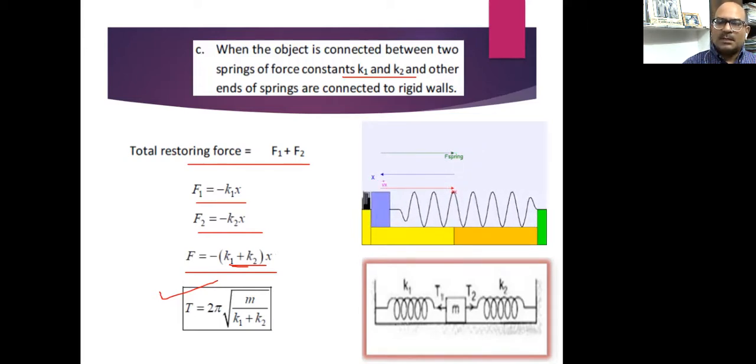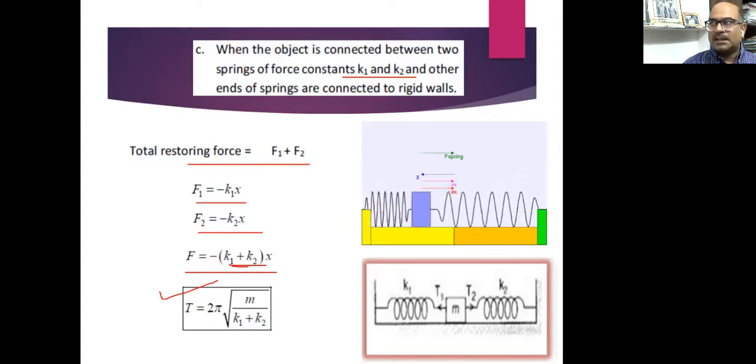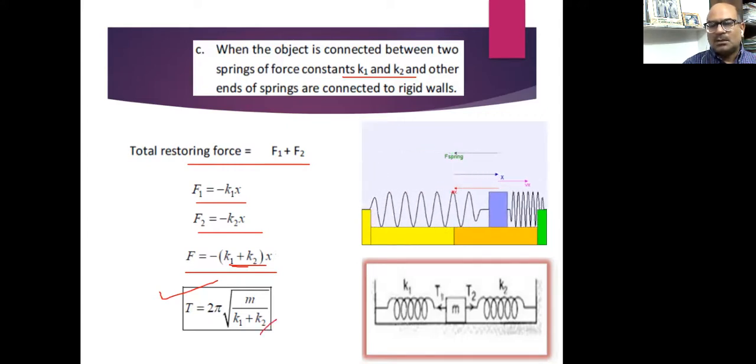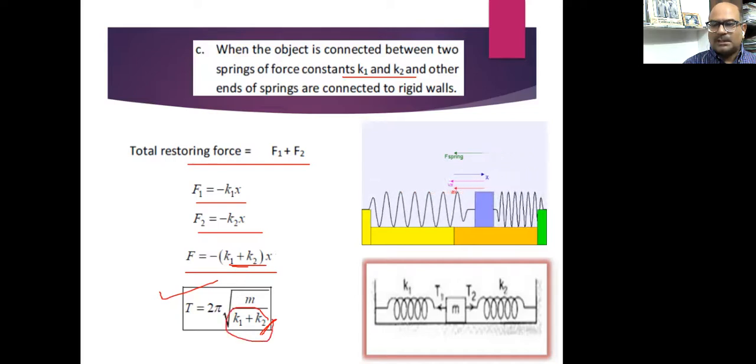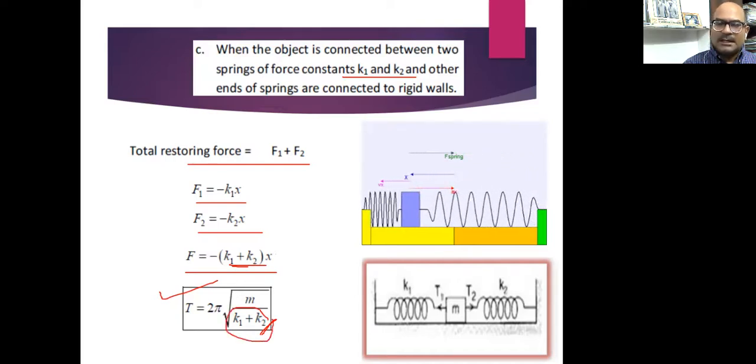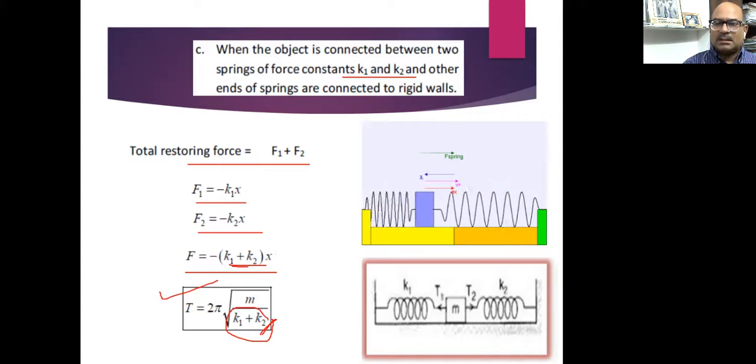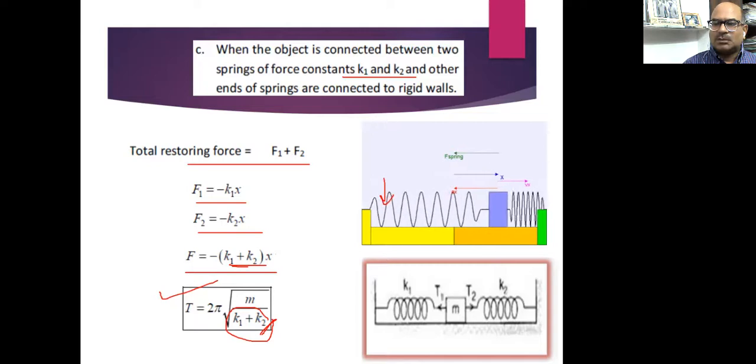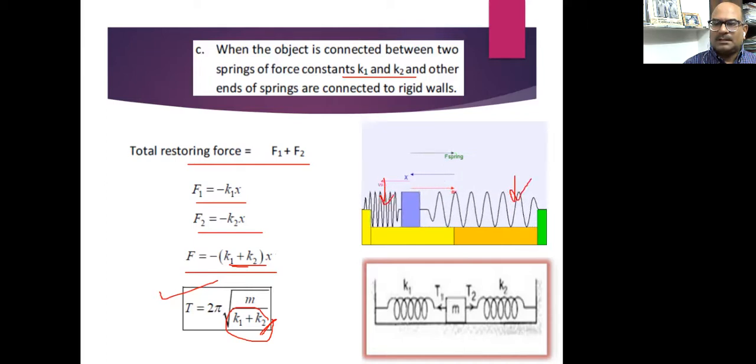T is equal to 2π under root m by (K1 plus K2). This is the result for this type of arrangement, because at any moment both the springs are providing force to the system. You can understand here: at any moment the force constant will be the sum of these two, K1 plus K2.